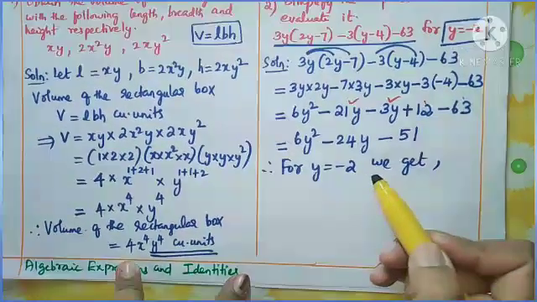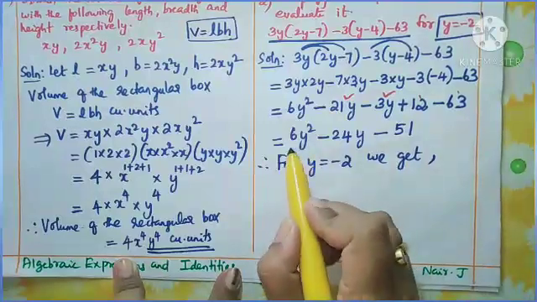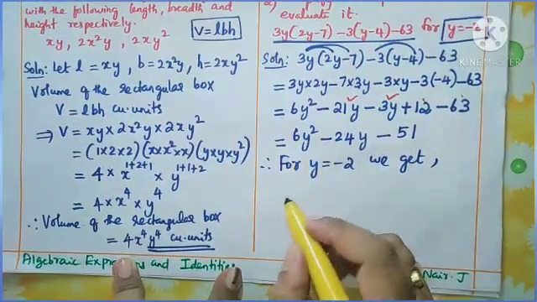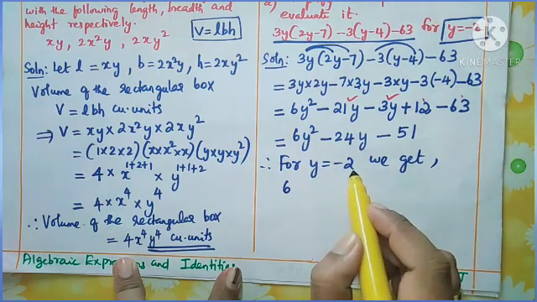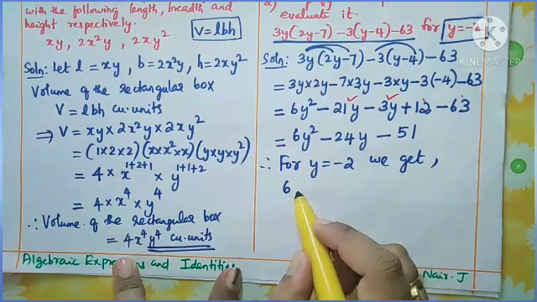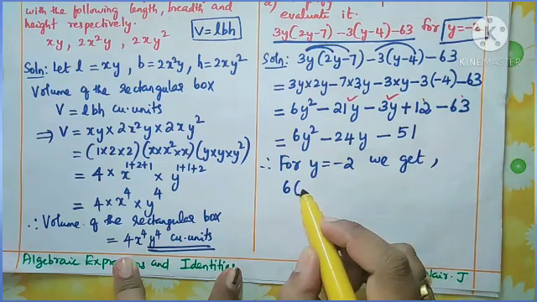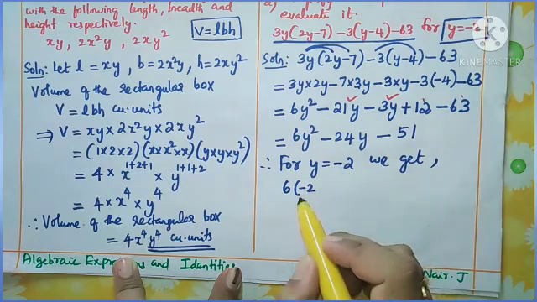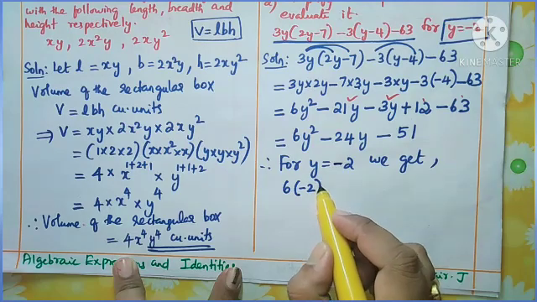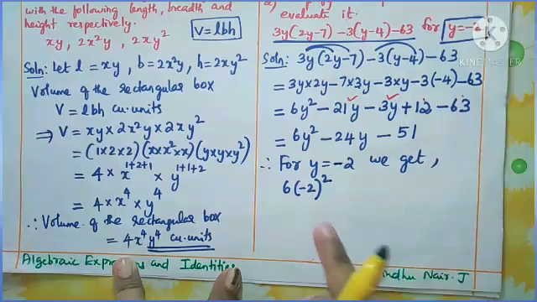So that is evaluating. So first term you see 6y square. So 6, in the place of y you are putting minus 2. So 6y square means 6 into y value is minus 2. Because there is minus, I put this bracket. So minus 2 square. Okay, understood?